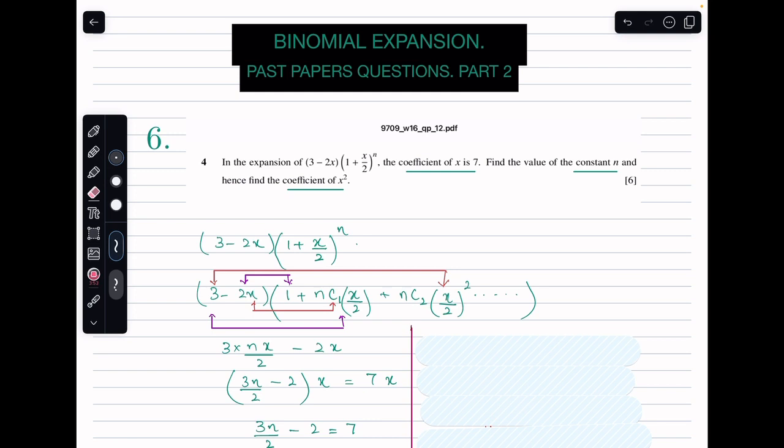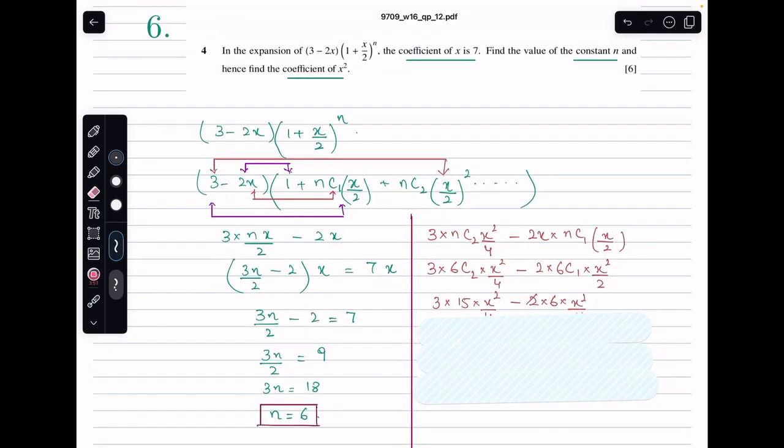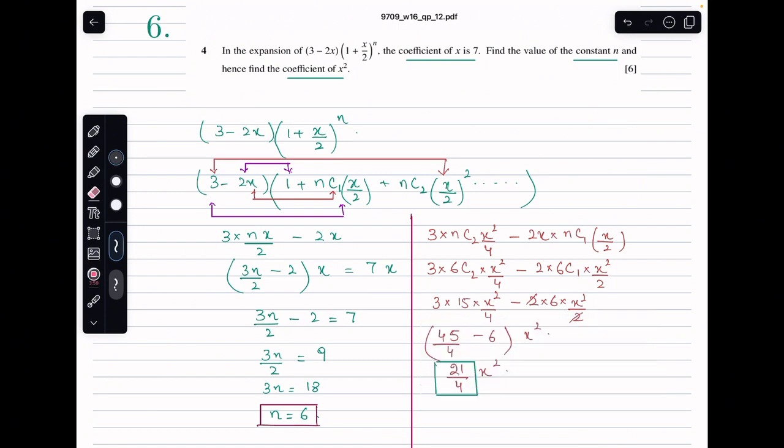So to start the working, it is 3 times nC2 x squared by 4 minus 2x into nC1 x by 2. nC1 is n, x by 2.